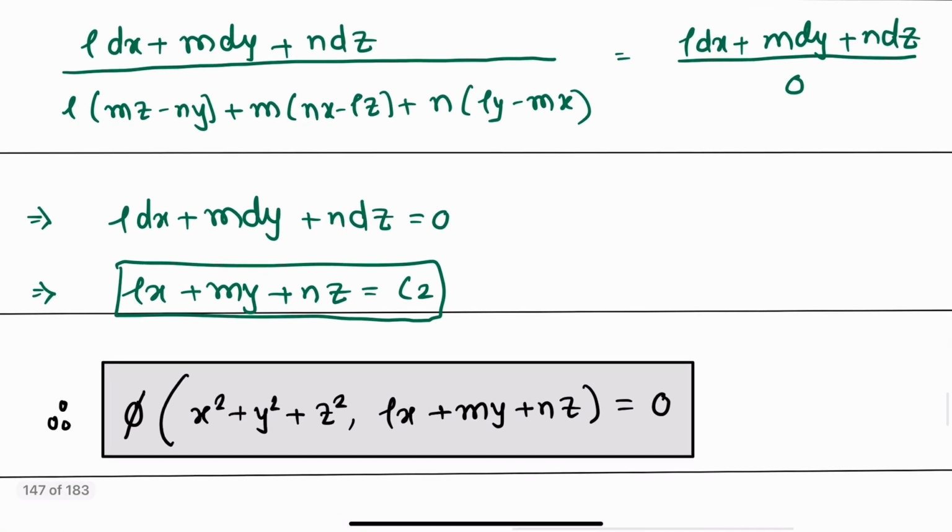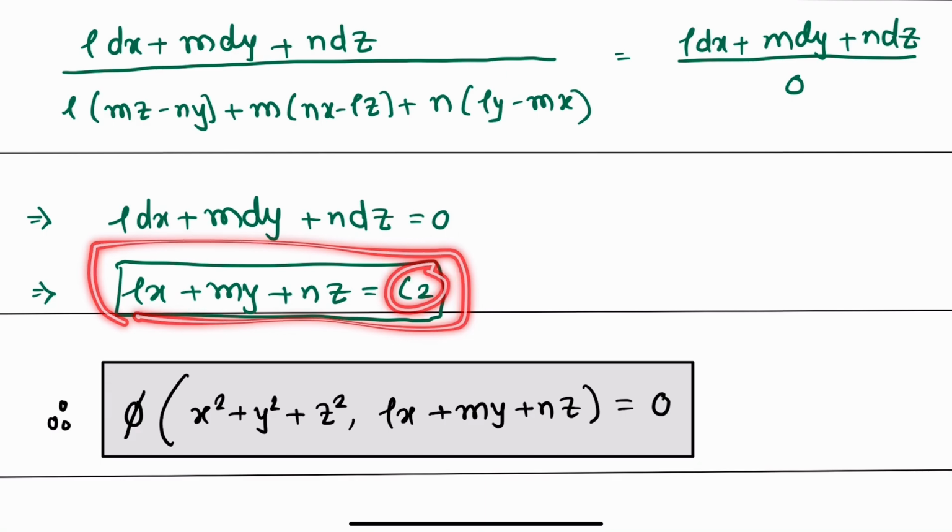Just a slip of tongue. I want to say l dx plus m dy plus n dz equals 0. We will integrate and we get lx plus my plus nz equals c2, where c2 is a constant.